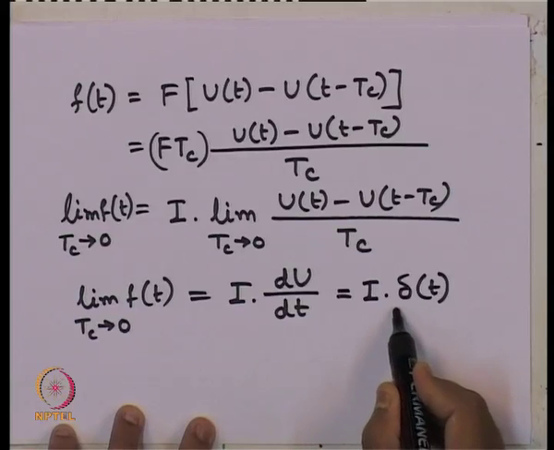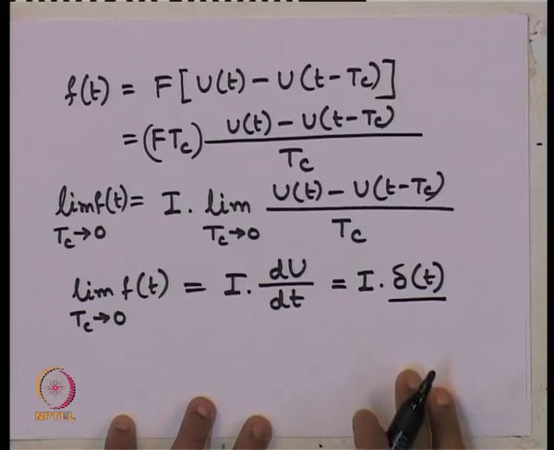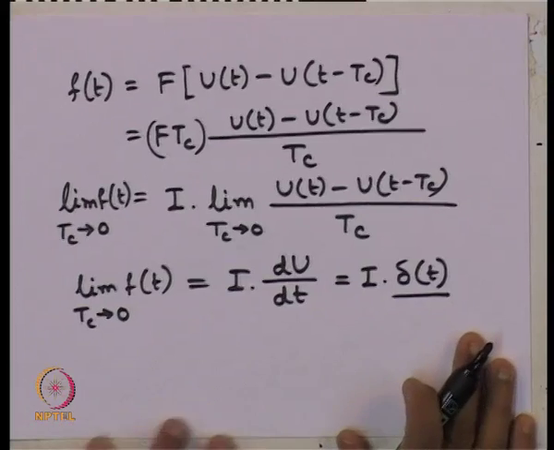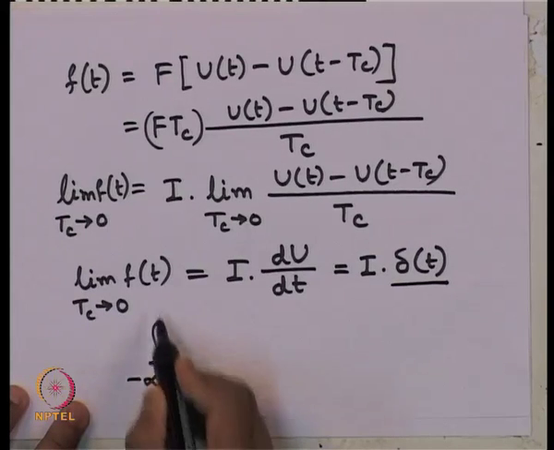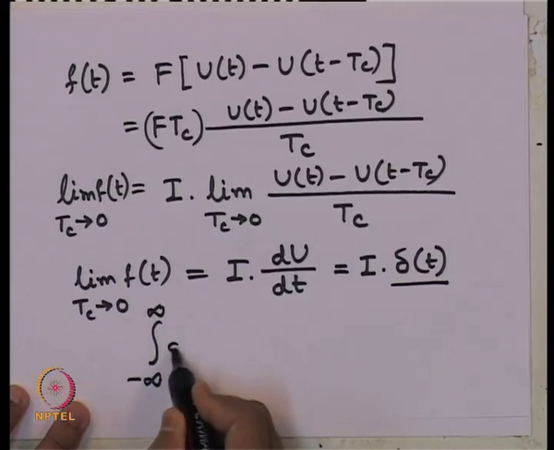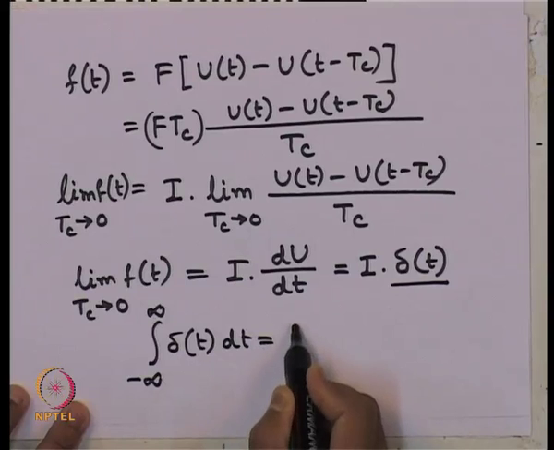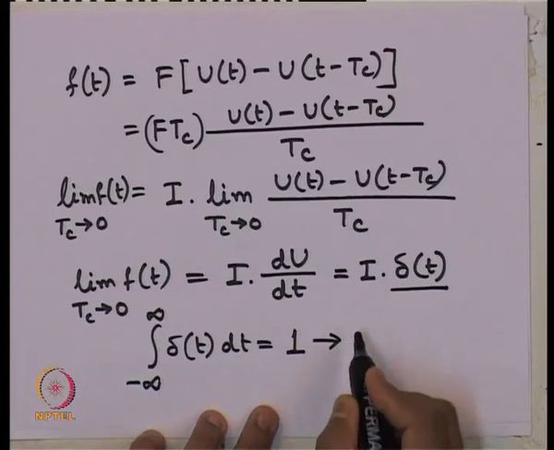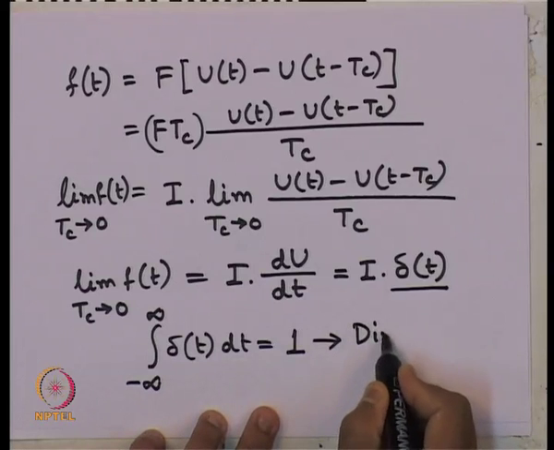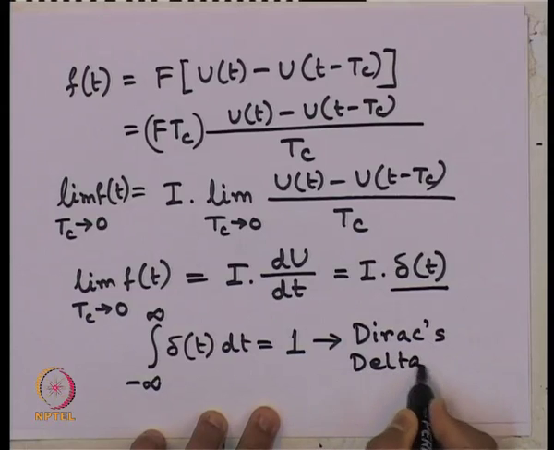This delta t is called Dirac's delta function, and how does it vary? It varies from minus infinity to plus infinity, and the integral of delta t dt is unit value. This is called Dirac's delta function.